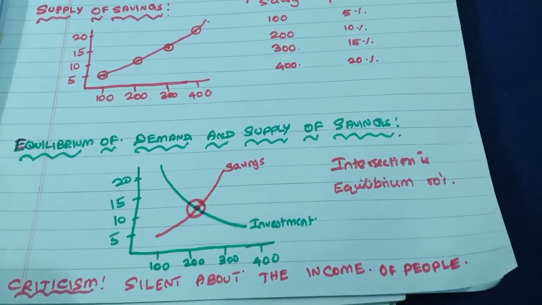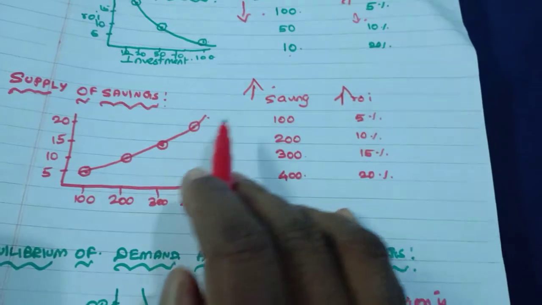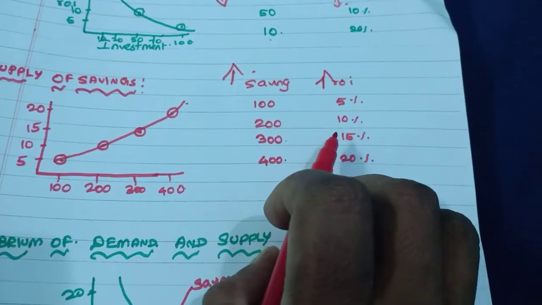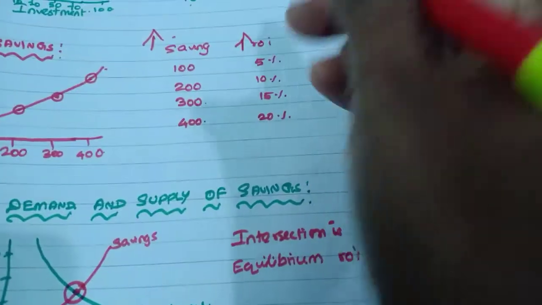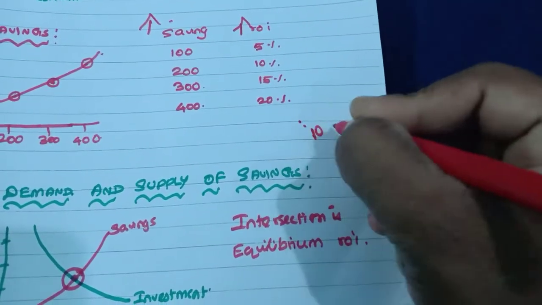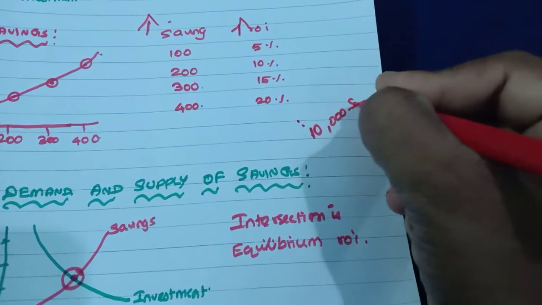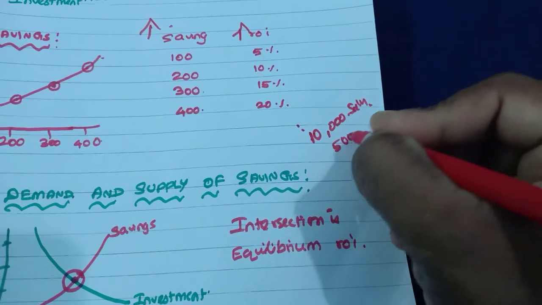Then next comes the criticism of this theory. Here what they are saying is about supply of savings. If the rate of interest increases, then savings also increase. But say I am getting just 10,000 as my salary, so I can save only 5,000 here.